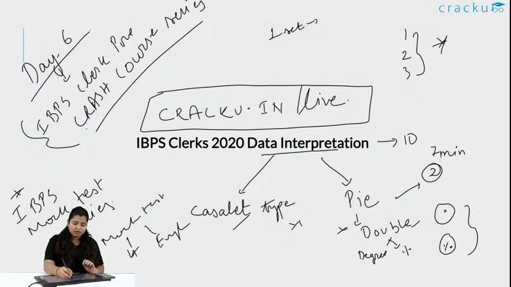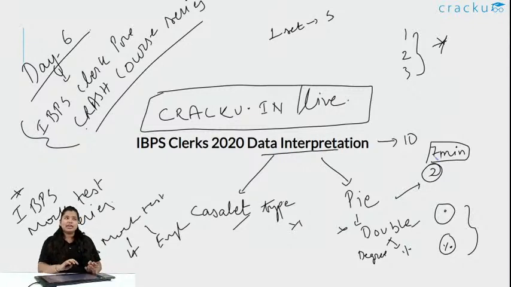For each question you will be given 1 minute to solve them, or else you can utilize the time according to you, whatever you want. In the examination, if you practice this, these are not very difficult, they are easy to moderate, rather on an easier side, these 2 DIs, so that you can score 5 marks in just 2 minutes.